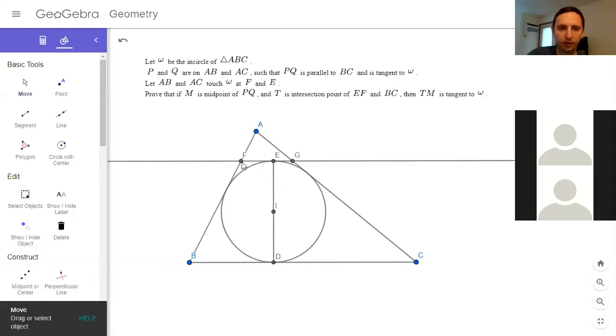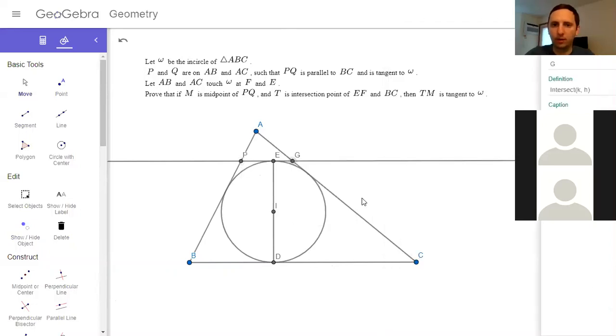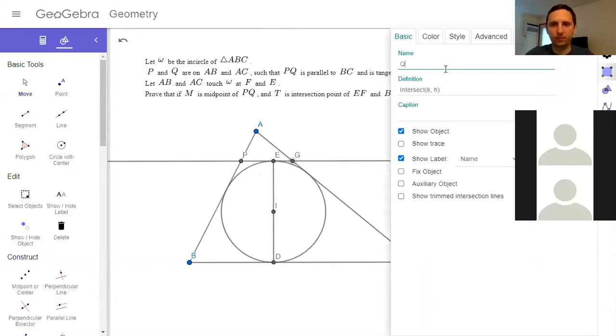I'm going to rename these P, Q, and we'll just call this point R.